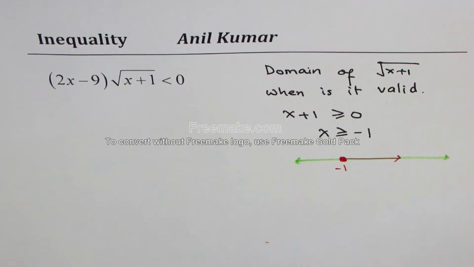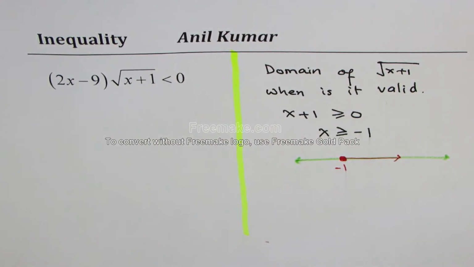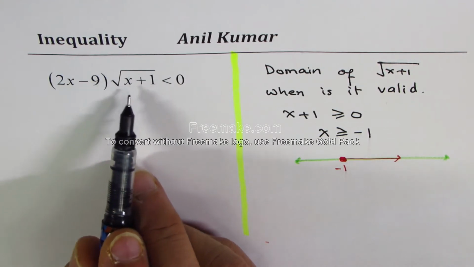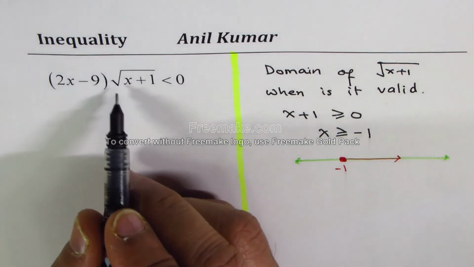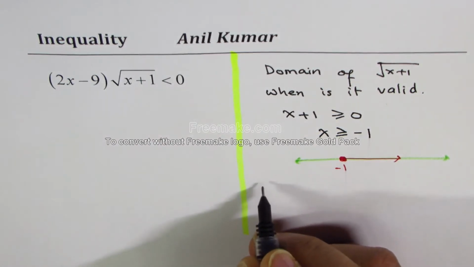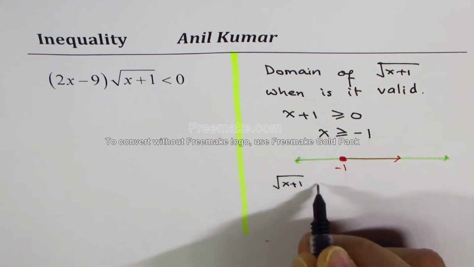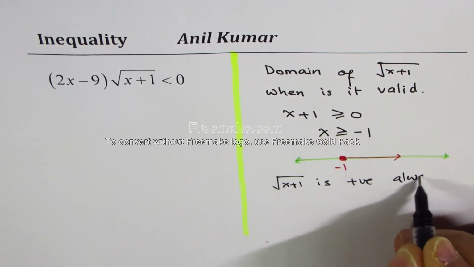Now with that in mind, let us solve the inequality. Now when we say (2x minus 9) square root of (x plus 1) less than 0, we know something: square root is always positive. So another thing which we know is that square root of x plus 1 is positive always, right?